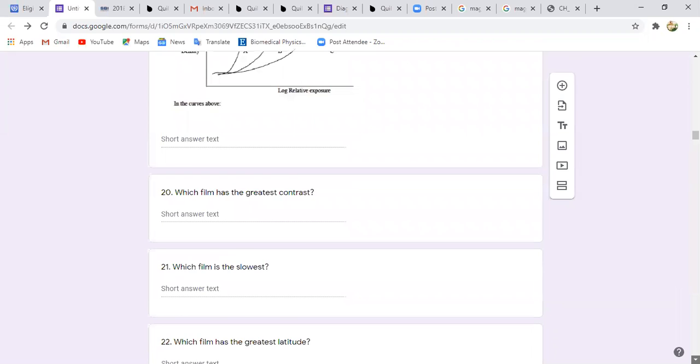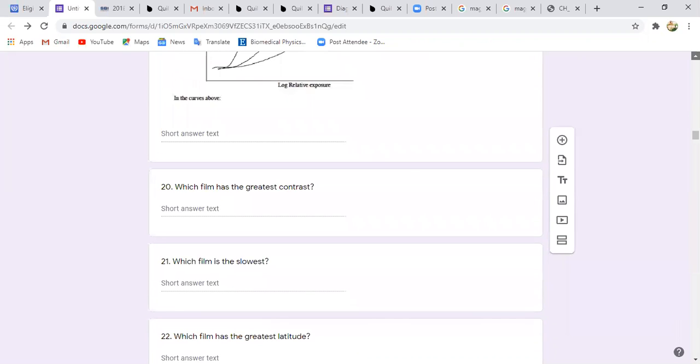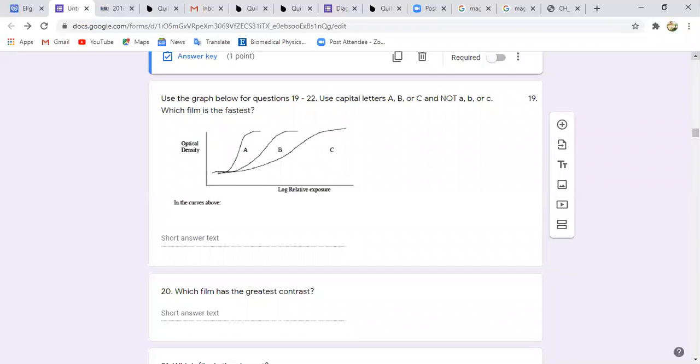Which film has the greatest latitude? What is latitude, by the way? Latitude is the range of exposure for which a film can be used. In most cases, we make use of the latitude in describing the quality of a film, even more than the speed of the film. For A, we are looking at the linear region.